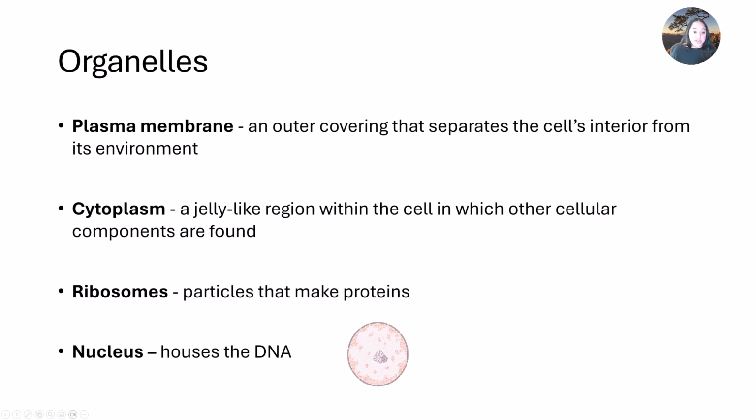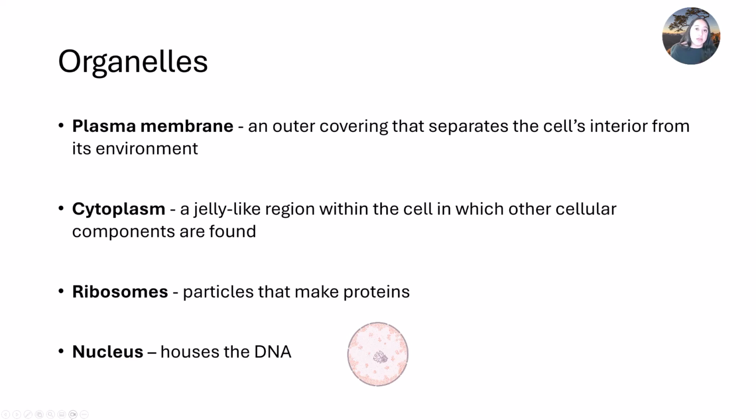Ribosomes are the 3D printers that make proteins. And then the nucleus is where the DNA is. It's housing the DNA, and that's pretty important, as we'll get into in a few lectures. So those are some things that are common to all cells, but obviously in eukaryotic cells also.